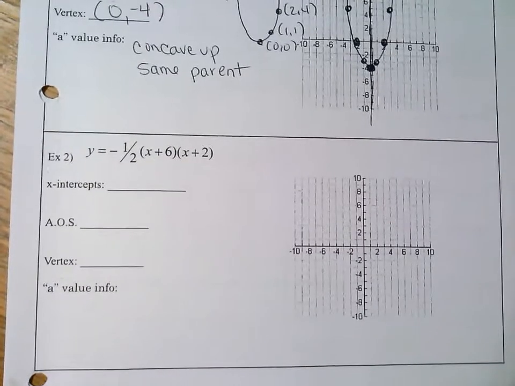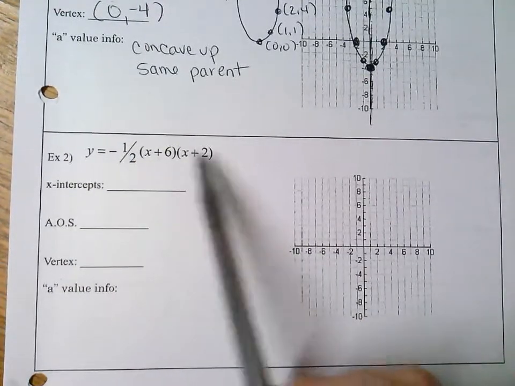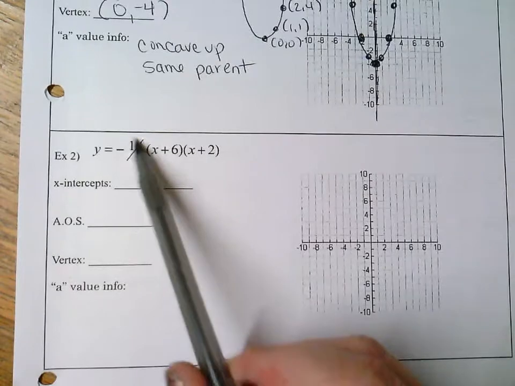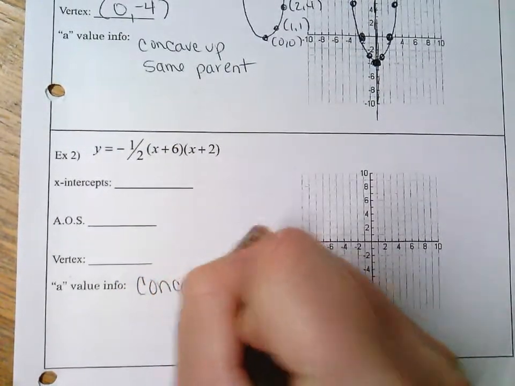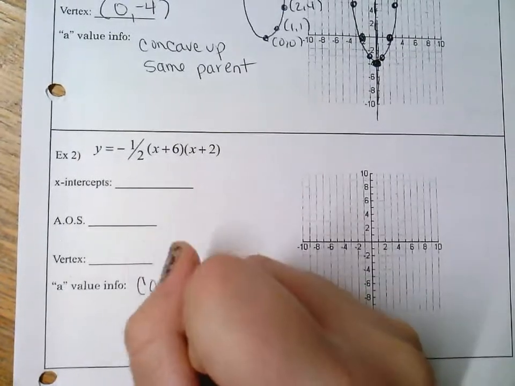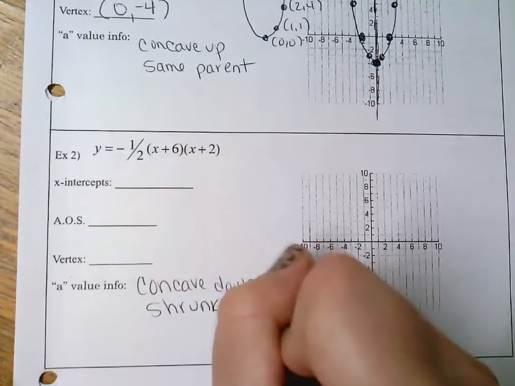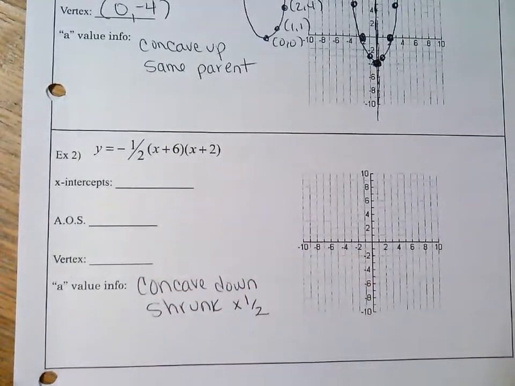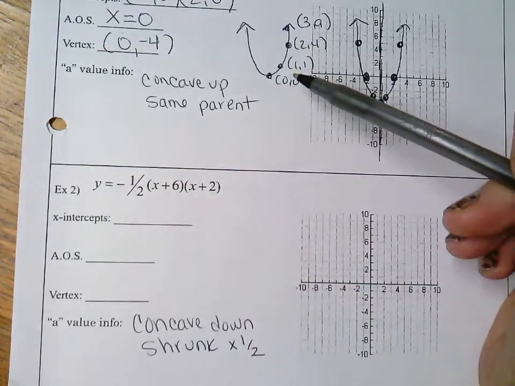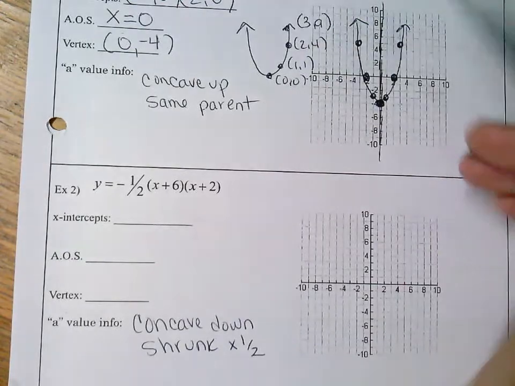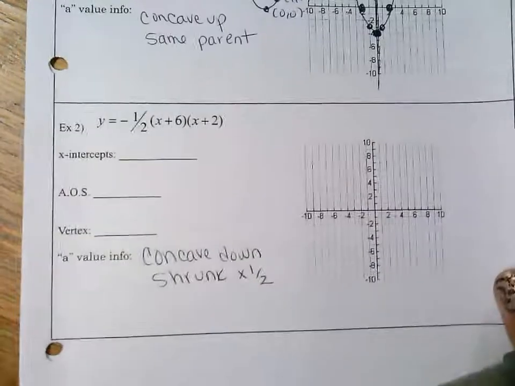Number 2, intercept form. My A value this time is negative 1/2. So I'm going to be concave down, and I'm going to be shrunk times 1/2. So if my original parent function is 0, 0, 1, 1, 2, 4, 3, 9, let's review what it is to be shrunk times 1/2.